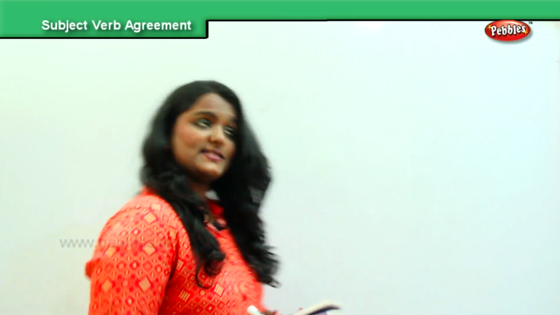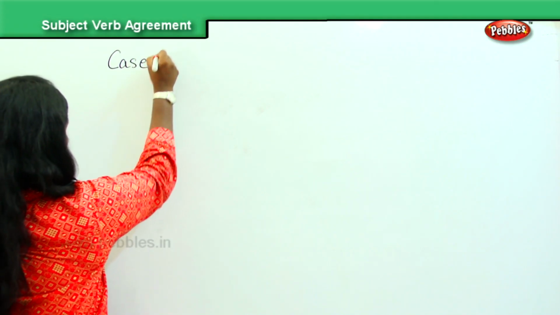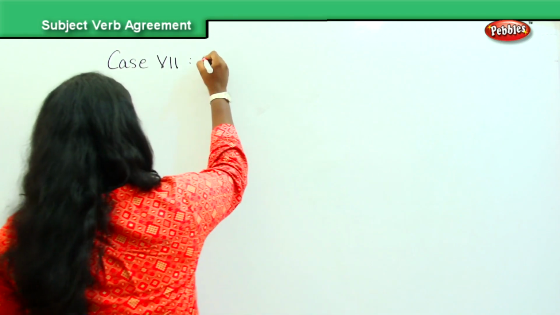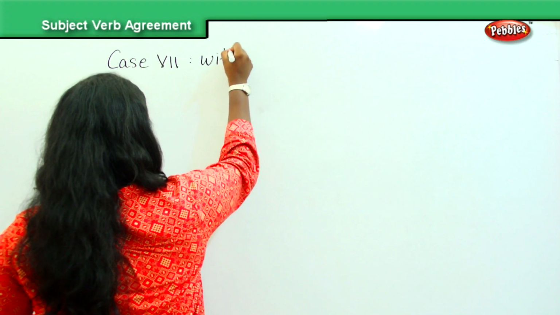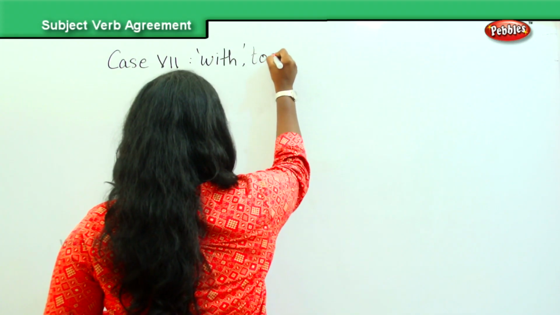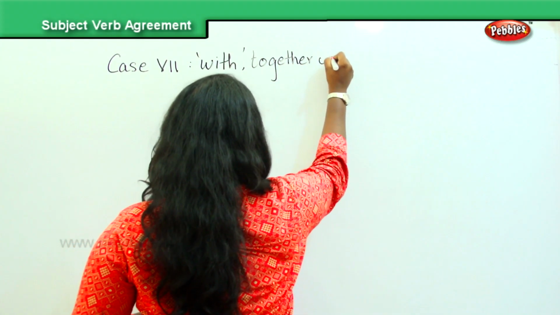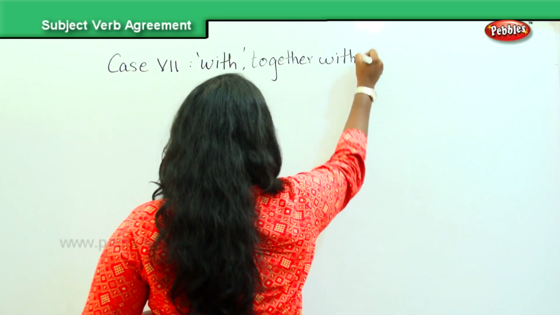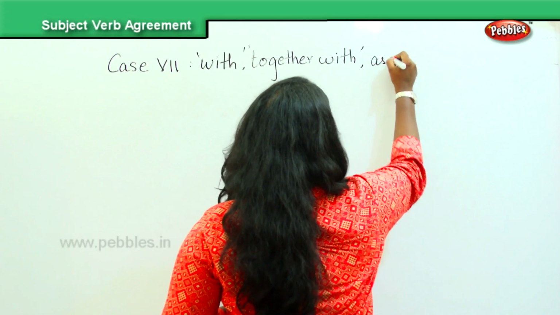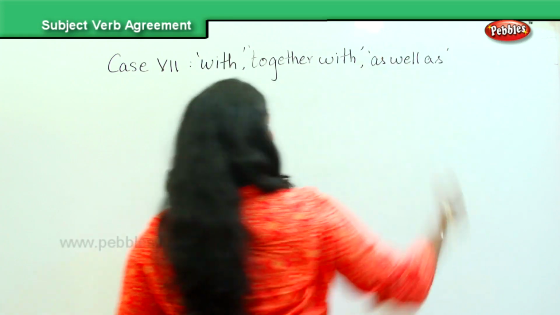Let's look at case 7. Your case 7 goes like this. When you have with or together with or as well as, right?